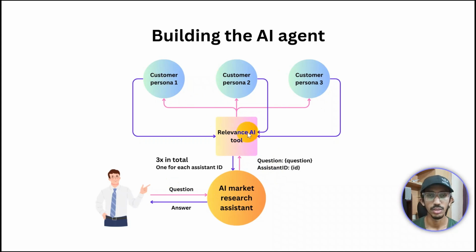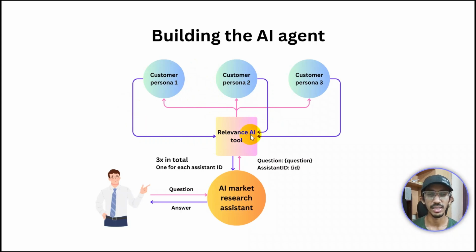Then this tool will send that data to 3 different distinct customer personas that we will set up later. So after sending that, our customer personas will give their different answers according to their situation and context. So we'll get 3 different answers from 3 different personas.